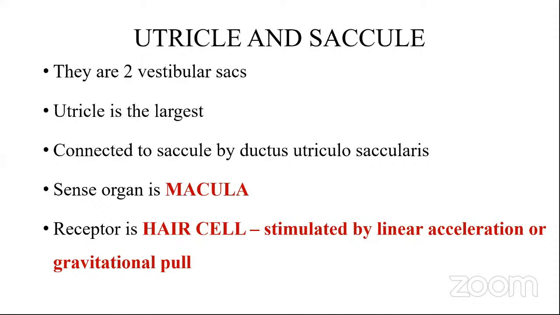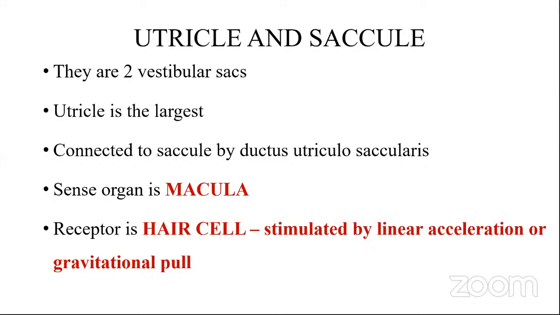Then about the utricle and saccule. It is the other structure which constitutes the vestibular apparatus along with the semicircular canals. There are two vestibular sacs. Utricle is the largest. It is connected to saccule by ductus utriculosaccularis.